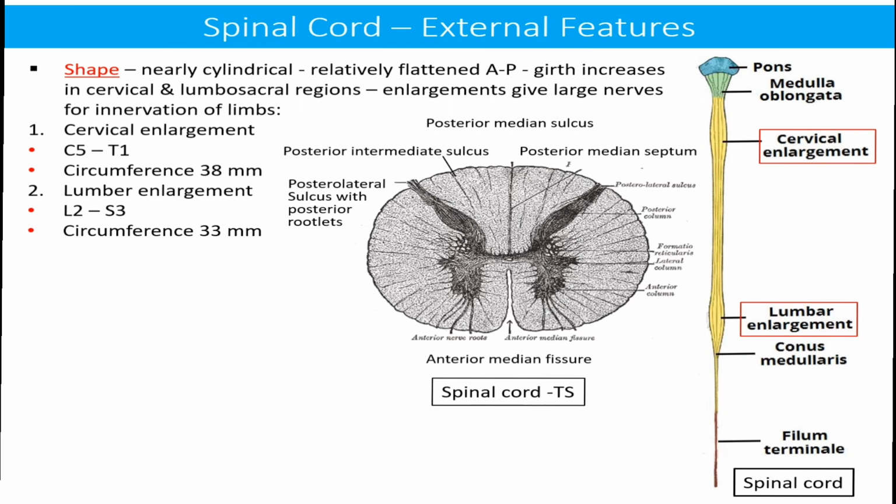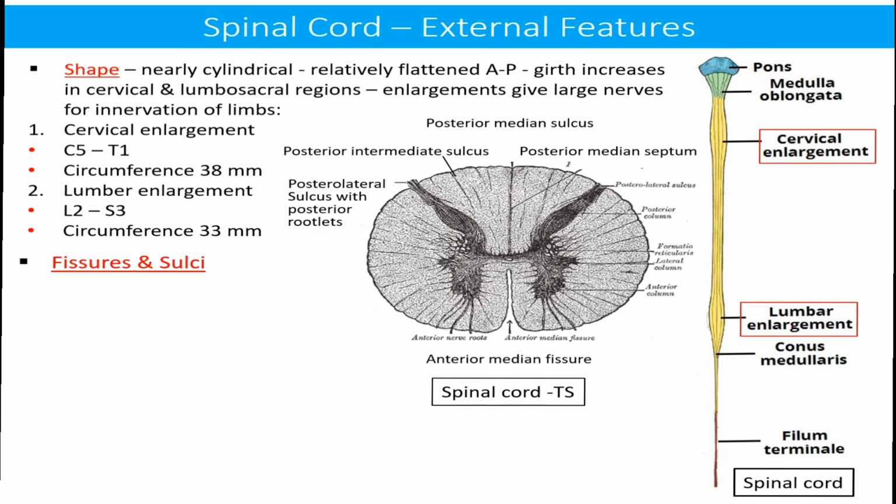Cervical enlargement extends from fifth cervical to first thoracic segment, and its maximum circumference is 35 millimeters. Second is lumbar enlargement, which extends from lumbar second to third sacral segment, and its circumference is 33 millimeters at its maximum girth.